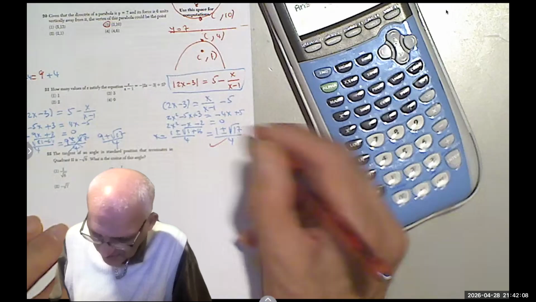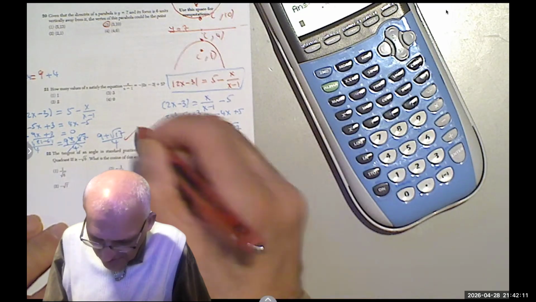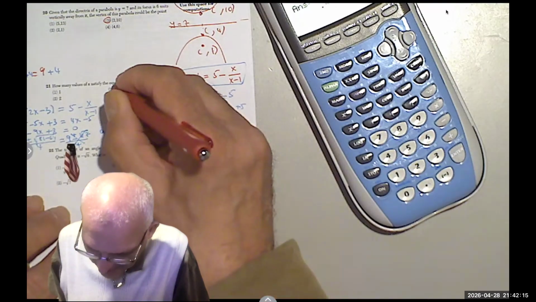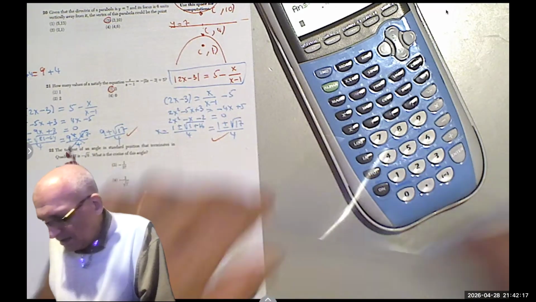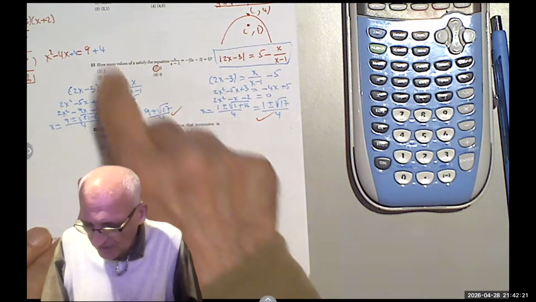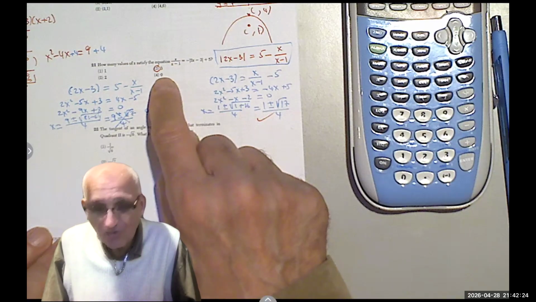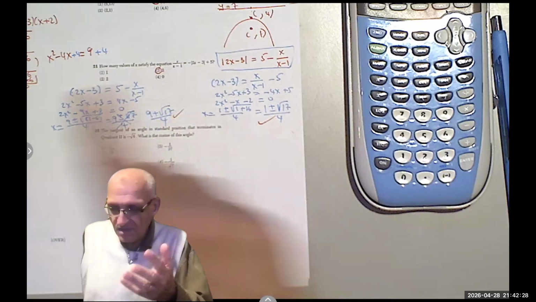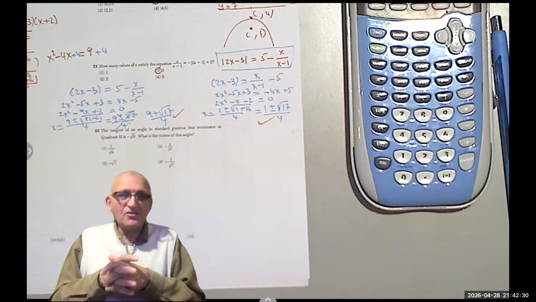So these two roots are fine. This root is fine, but 9 minus root 17 is wrong. So that problem was tough. That was tricky. But since they didn't say 1, 2, 3, 4, most of us fell for it and picked 4 because you have 2 solutions for every quadratic equation.